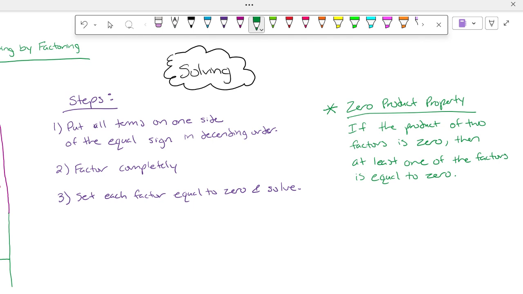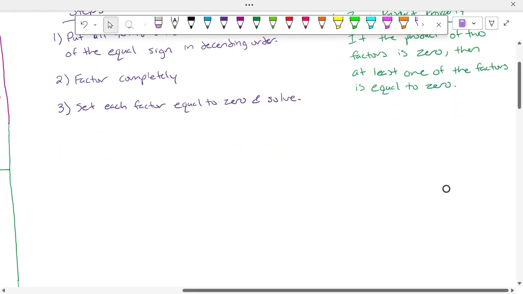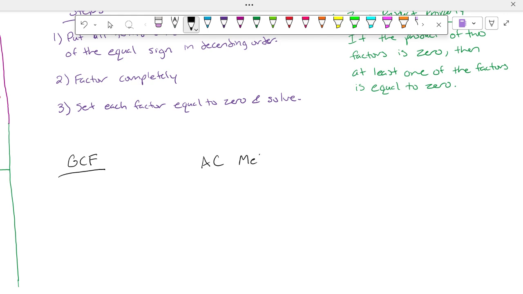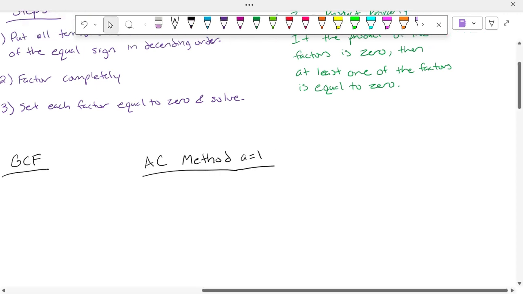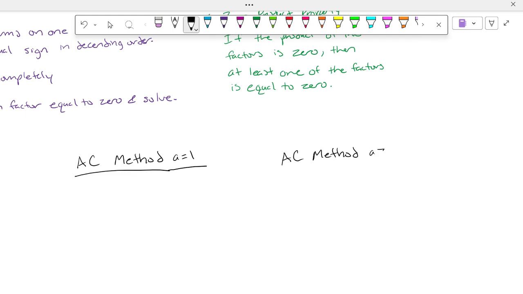Now, I don't ask you to do nearly as many examples as factoring. So you should have one for GCF. You should have one for AC method where A is equal to 1. You should have one for AC method when A is greater than 1.